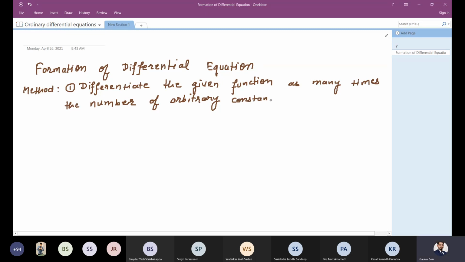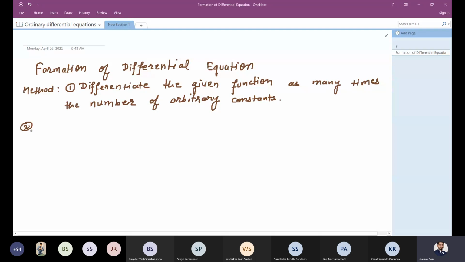Whenever we see any function, our first task is to differentiate it as many times as the number of constants appearing. If there are 2 constants, differentiate it 2 times. If there are 3 arbitrary constants, differentiate it 3 times, and so on.